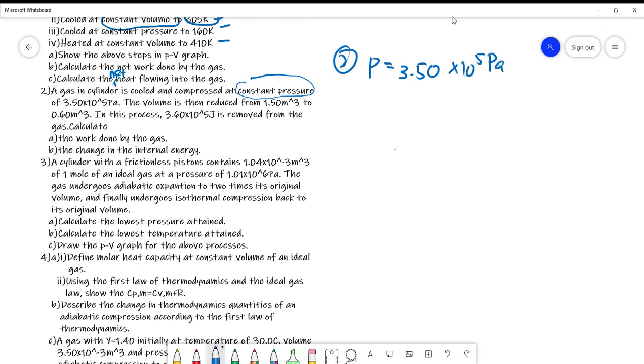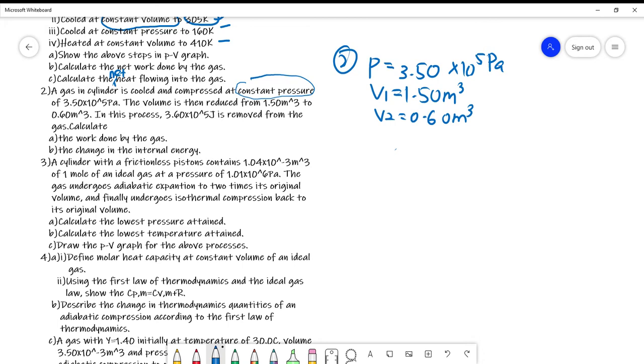The volume is reduced from V1, 1.50 meter cube, to 0.60 meter cube. So this will be our V2.